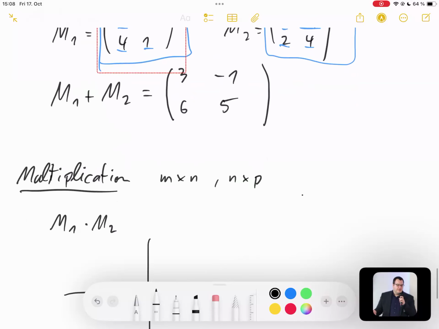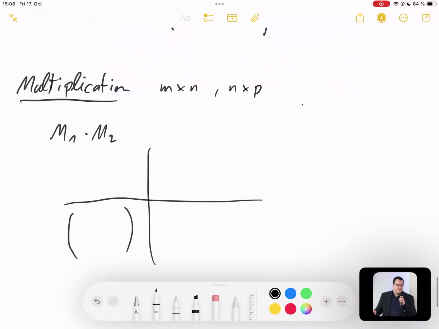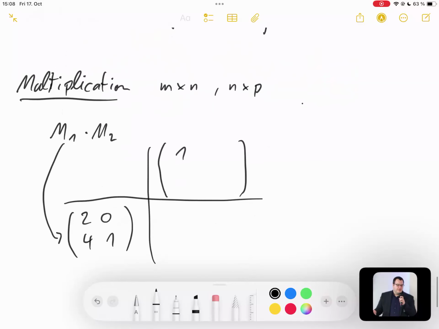The way I personally like to do this, so 2, 0, 4, 1. So this was my M1. I personally like this notation here to multiply two matrices of 1, -1, 2, and 4. Have you seen this notation here before, to put the two matrices like this in order to calculate the product? Maybe just thumbs up, thumbs down if you're familiar with this notation here.